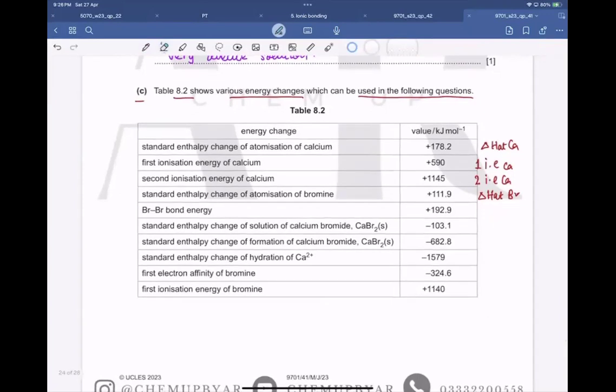Standard enthalpy change of solution of calcium bromide. Okay. So enthalpy change of solution of CaBr2. Enthalpy change of formation of calcium bromide. Okay.